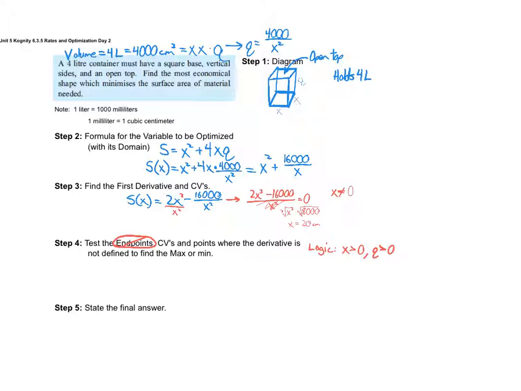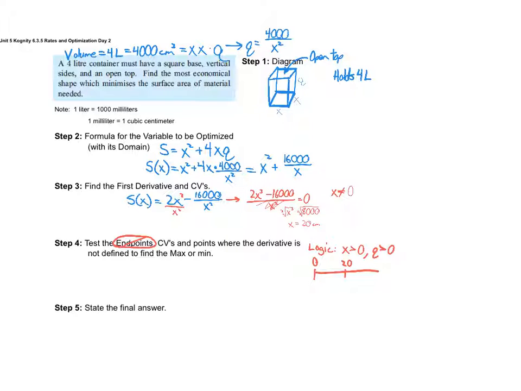So the question is, does 20 give us a min, a local min, or a local max? We have to consider that. So if I do my sign diagram real quickly here, x is 20. Here was 0, which it can't equal, and here's 20.